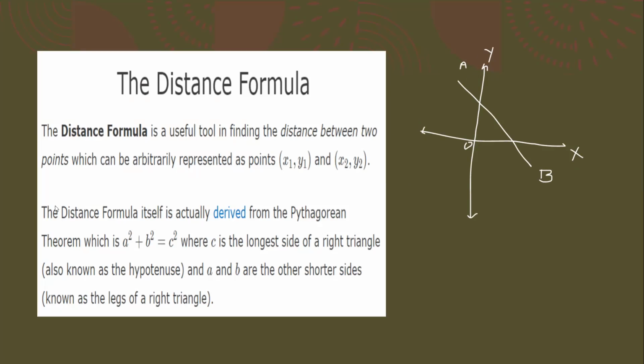Because we don't know the length of AB, we know only the coordinates. So how to find the length of the line segment? There is a distance formula. So what is meant by the distance formula?